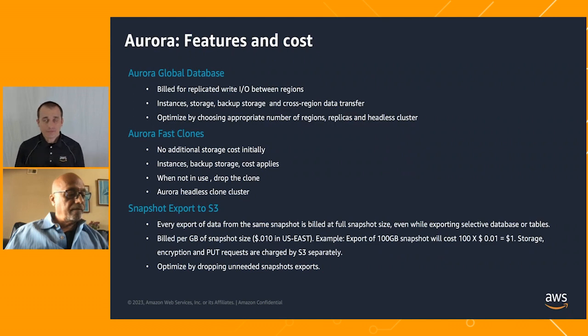Now, if you use global database because you need a low recovery point objective disaster recovery solution, consider using headless secondary region clusters as well. These are, again, clusters without compute instances.